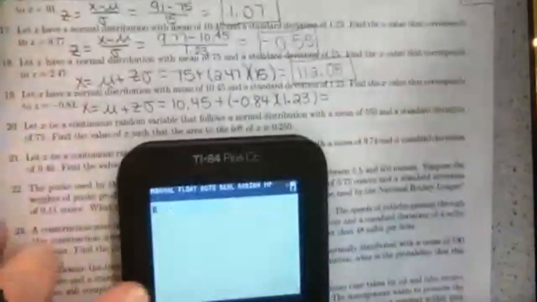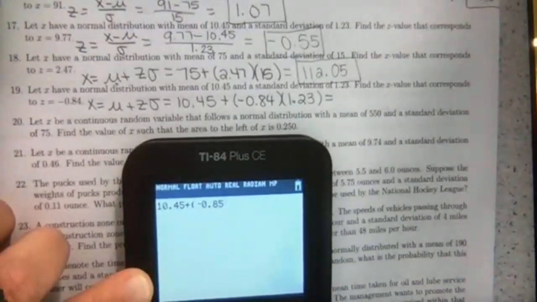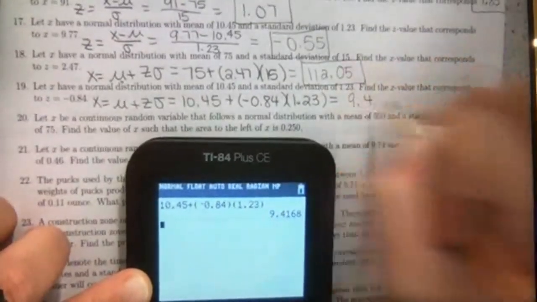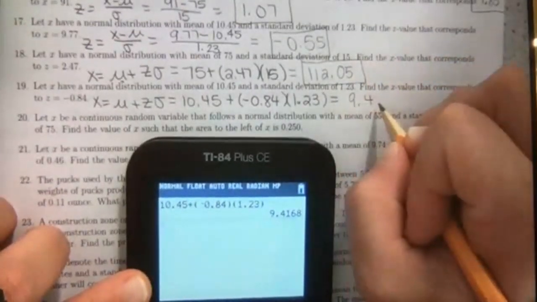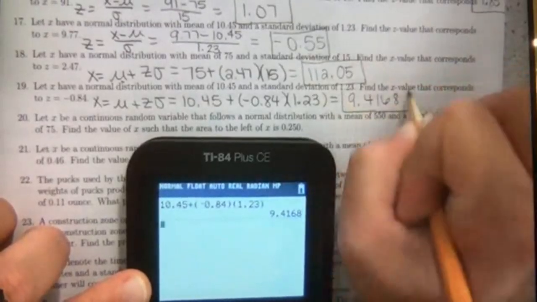Plugging this into my calculator just like I see it, 10.45 plus negative 0.84 times 1.23, and we get 9.4168 as our X value.